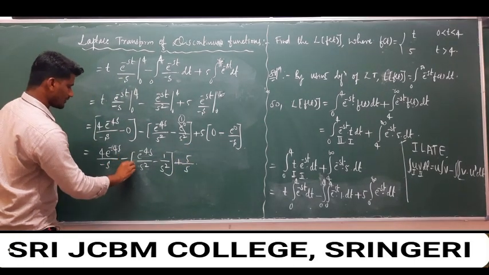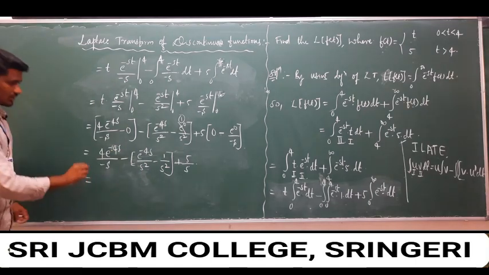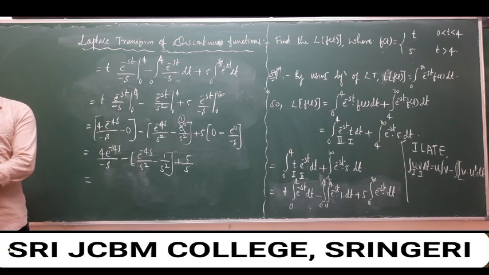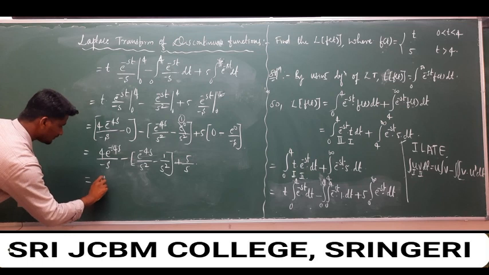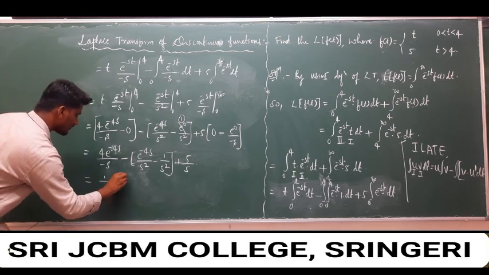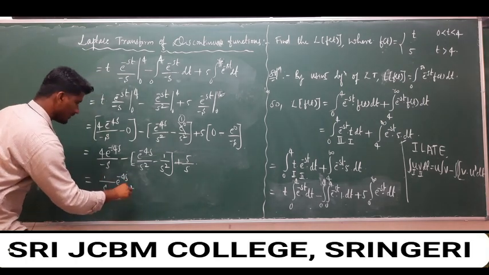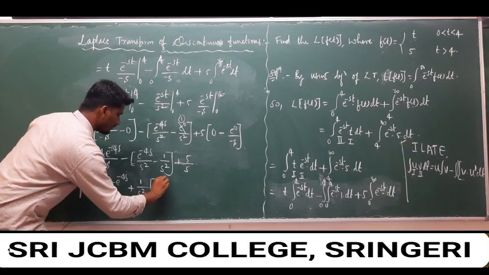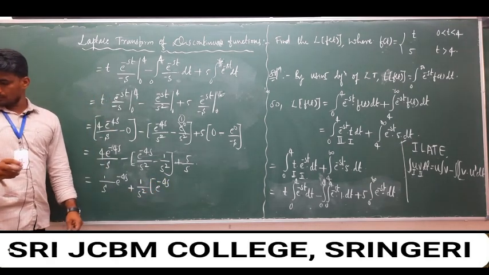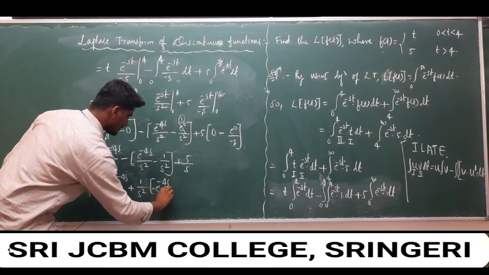So again we can simplify, take e to the power minus 4s common, and we get 1 over s e to the power minus 4s, plus 1 over s square e to the power minus 4s, minus plus 1.